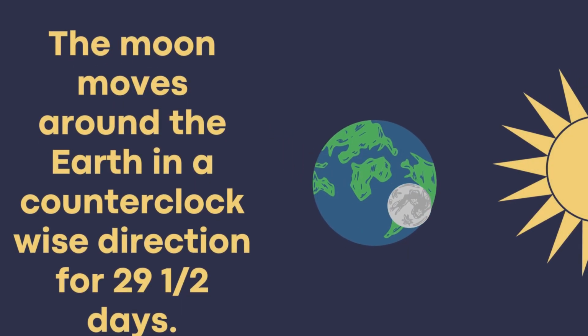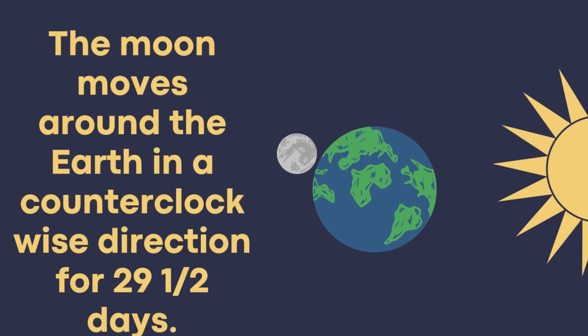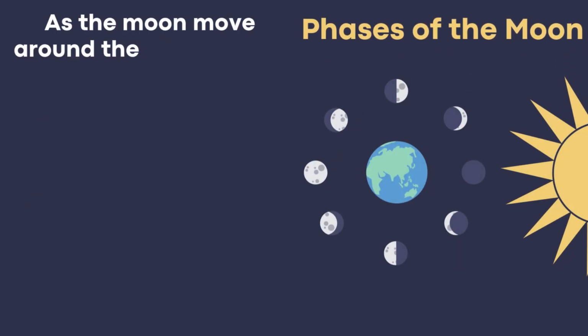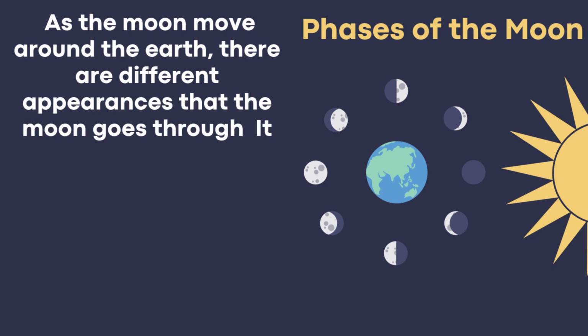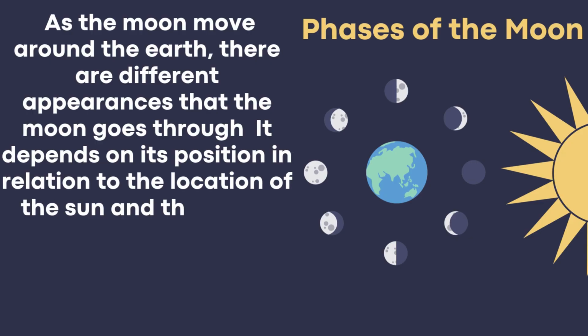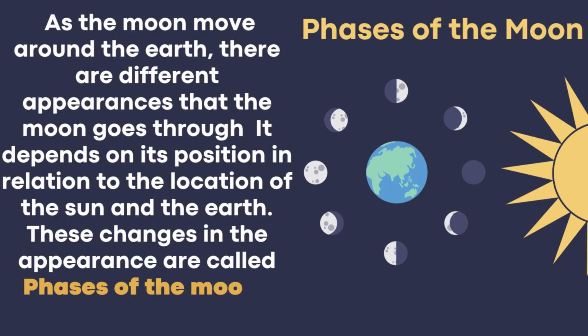Third, the moon moves around the Earth in a counterclockwise direction for 29.5 days. As the moon moves around the Earth, there are different appearances that the moon goes through. It depends on its position in relation to the location of the sun and the Earth. And this is what we call the phases of the moon.